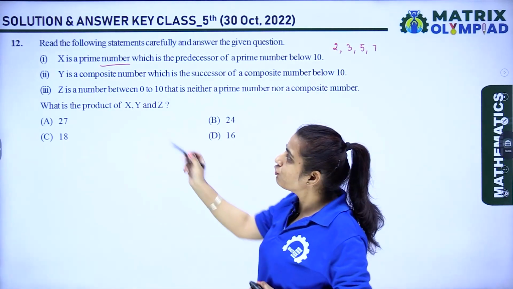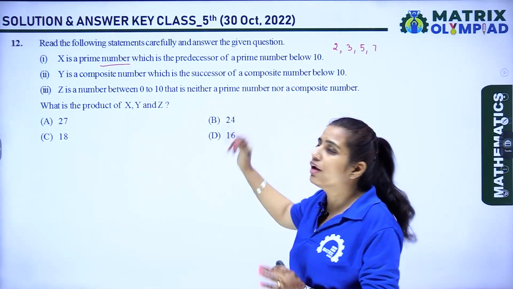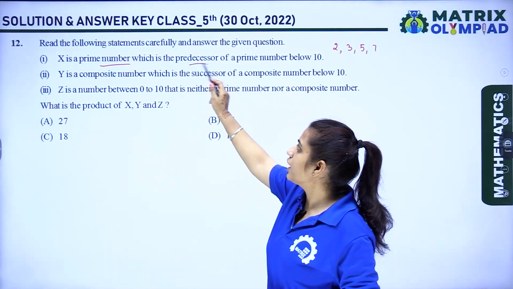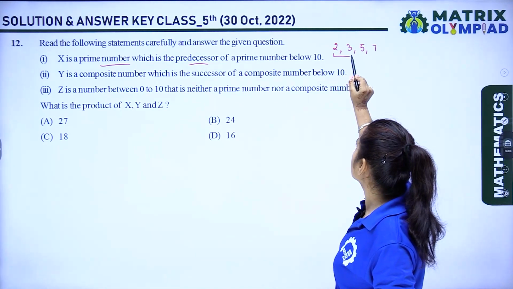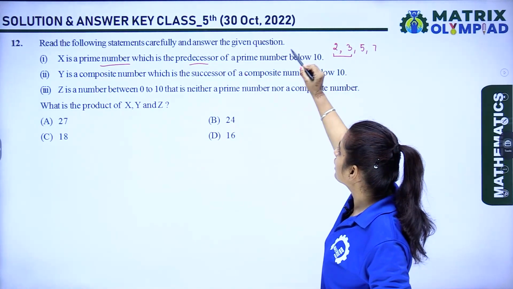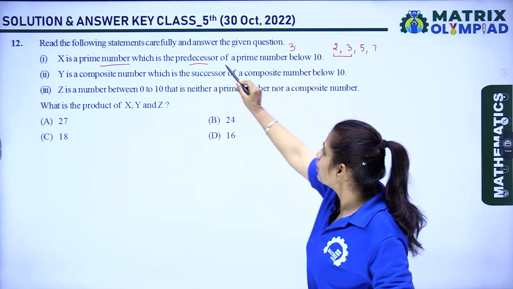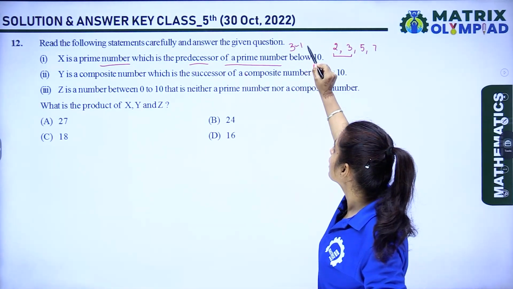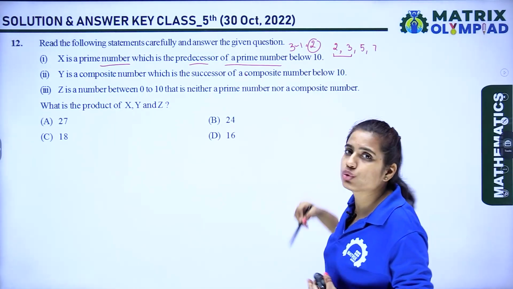So here we have to find out the value of x, which is a prime number and already a predecessor of a prime number. So for a predecessor, we know that we have to subtract 1. So here only 2 prime numbers are in the consecutive form, that is 2 and 3. So if we say that 3 is a prime number and the predecessor of this 3 is 2, and 2 is also a prime number.